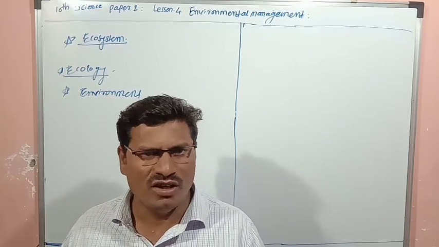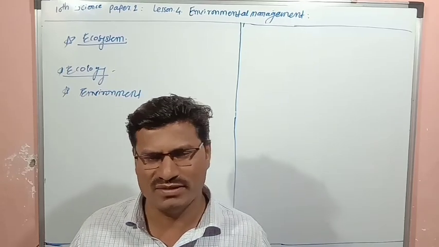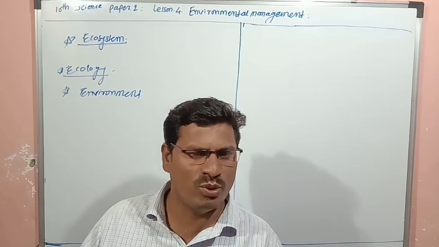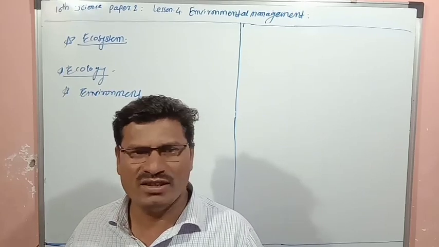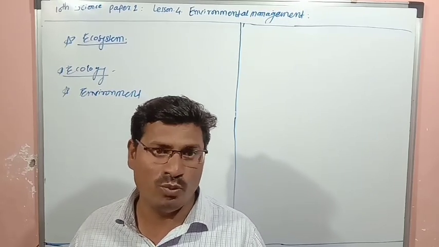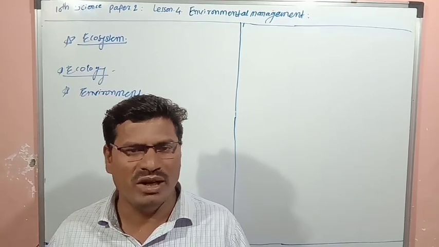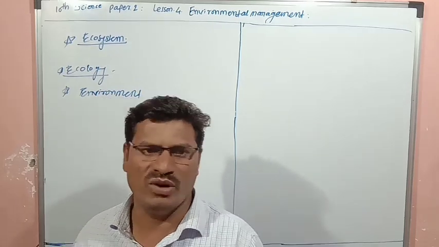Suppose herbivores increase in number, then plants will decrease, so there is a need to control the herbivore population. Each and every factor in the ecosystem plays an important role to maintain the balance of the ecosystem, or the balance of the environment.